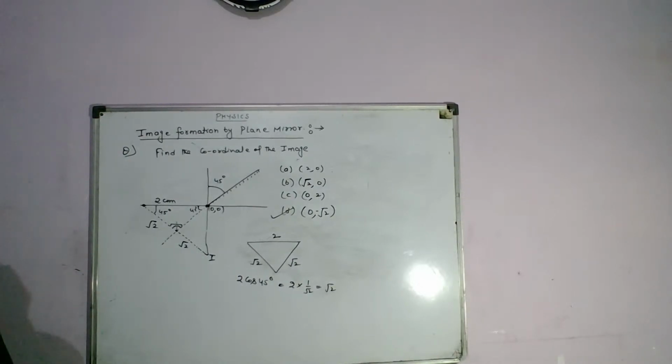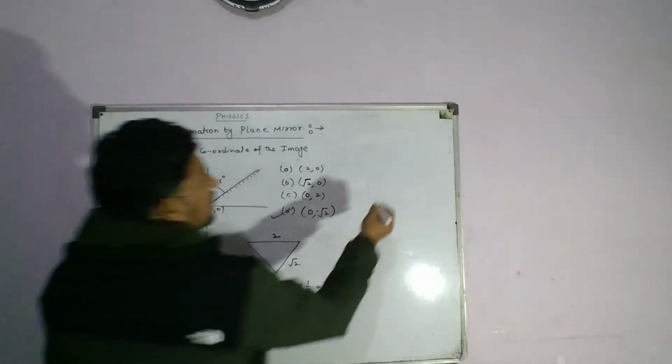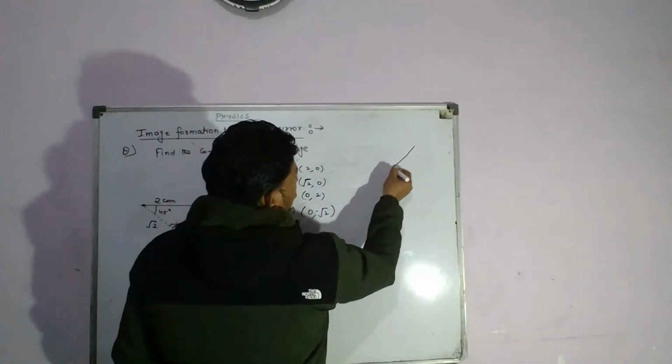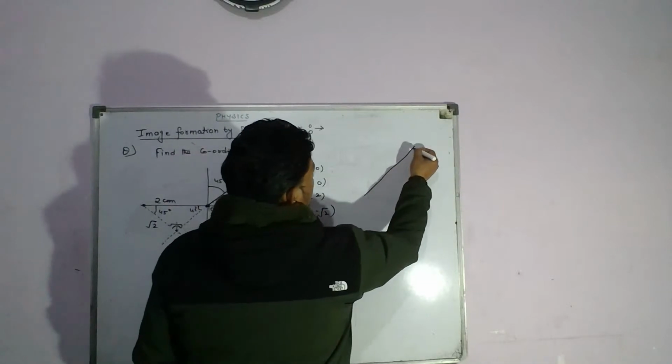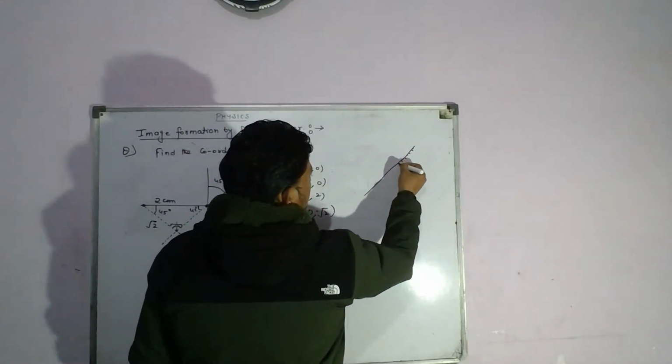One more case I will discuss with you. If there is a perpendicular distance, the mirror is cutting from the center. Just one more case, a plane mirror like this.